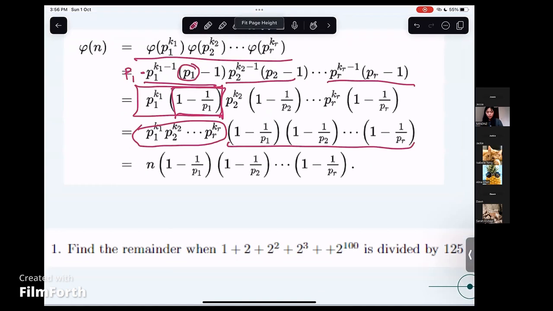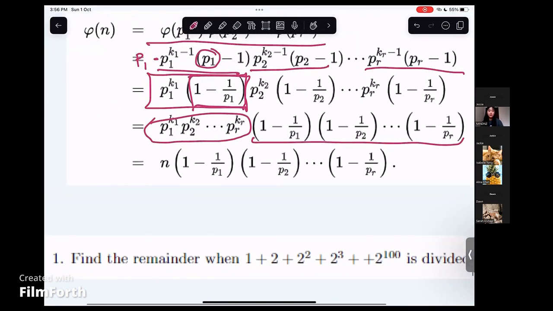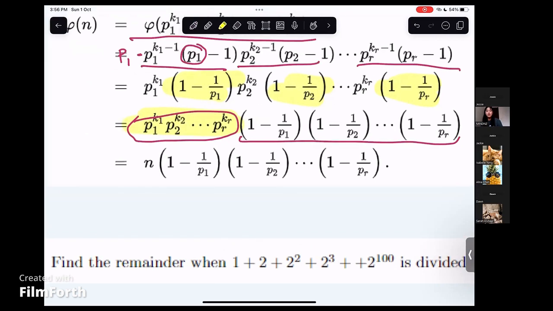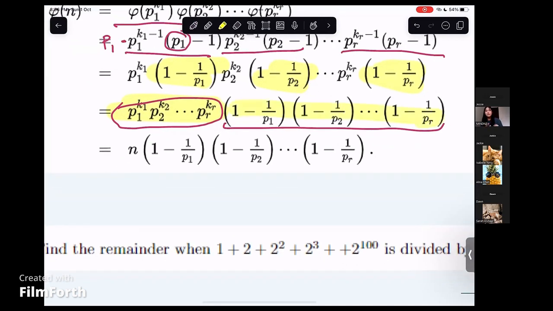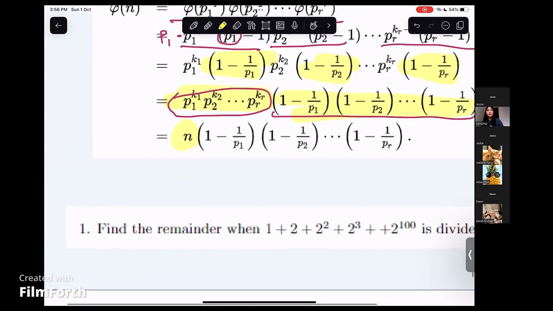And we notice that this is the prime factorization of n. So our motivation of actually dividing out p1 and p2 from these bits is to actually form n again. So we form n over here, and then we have some part, like this part, which seems really weird because it's like a fraction and it's not even integers. But if we do that, we can get n. So that's sort of how you can understand it.